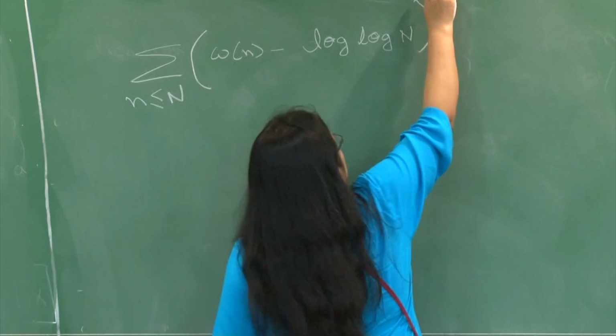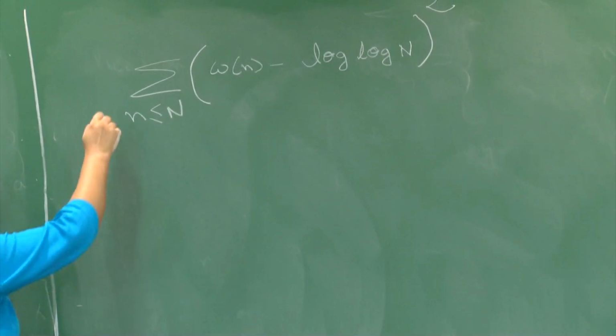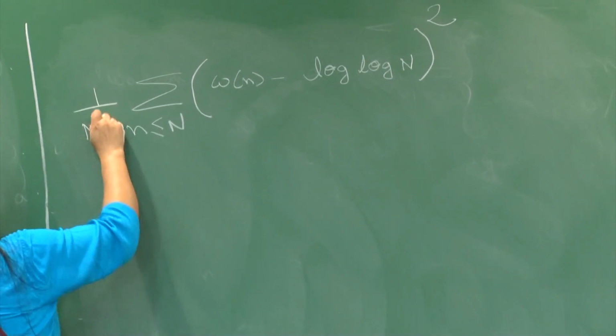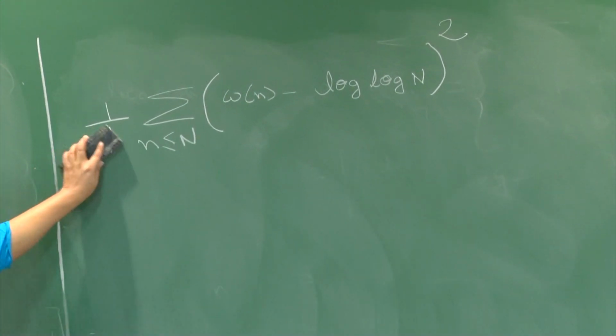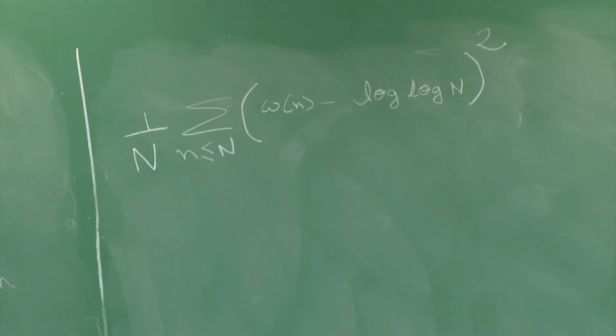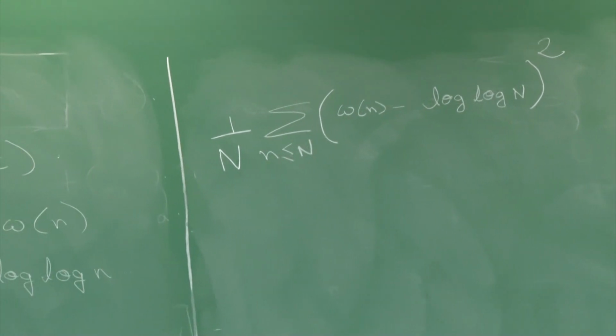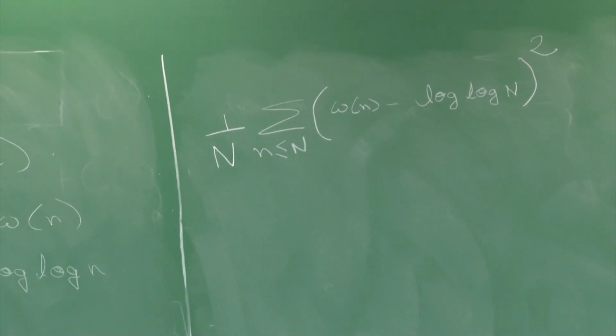Let us take the square of this and ask what is the average order of this, 1 by N times the sum. Okay. And this is where we enter into probabilistic number theory. So, what is theorem 0?